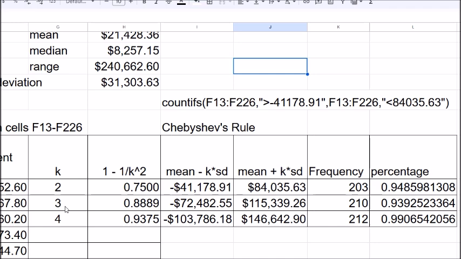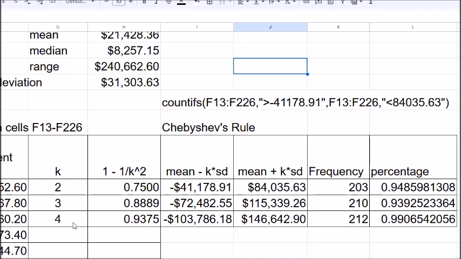And likewise, when k is 3, 1 minus 1 over k squared is 0.8889. Mean minus k times standard deviation is negative 72,482.55 cents. Mean plus k times standard deviation is 115,339.26 cents. And then the number of GDP per capita values between these two numbers is 210.